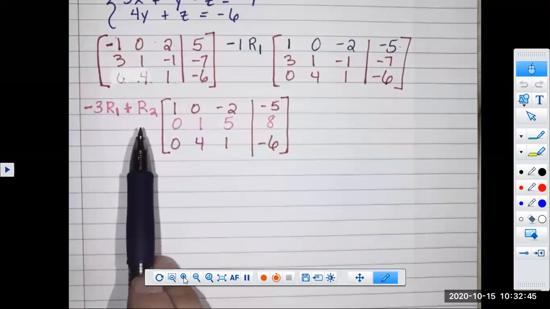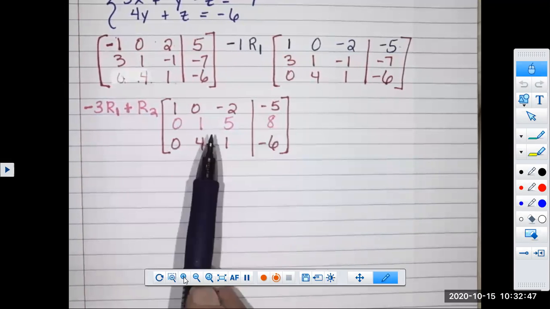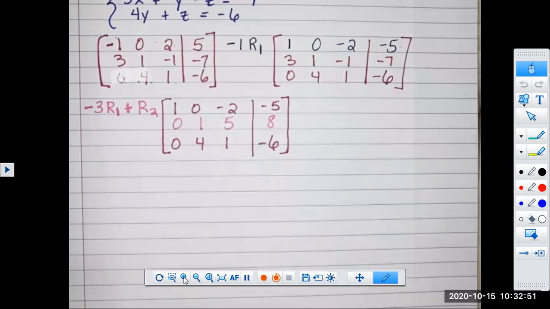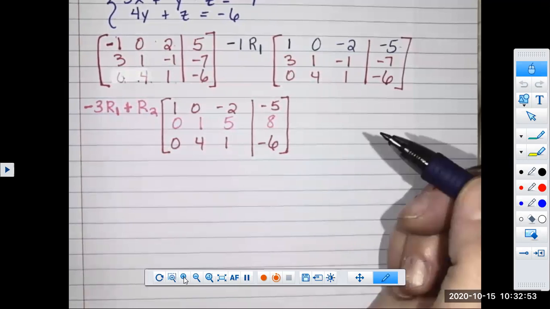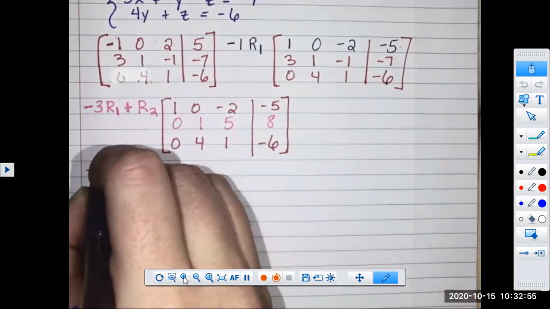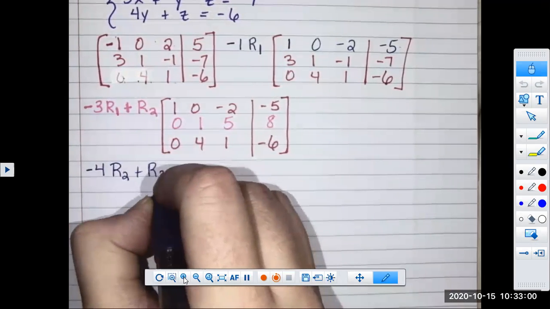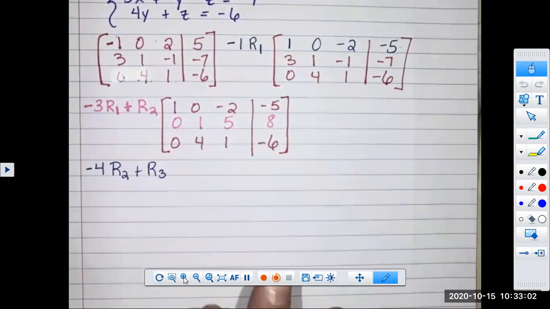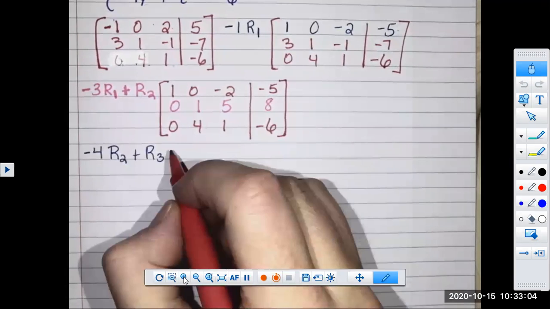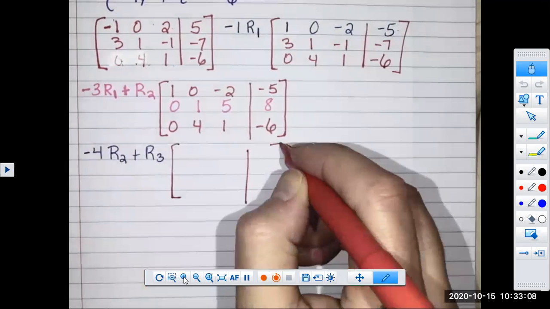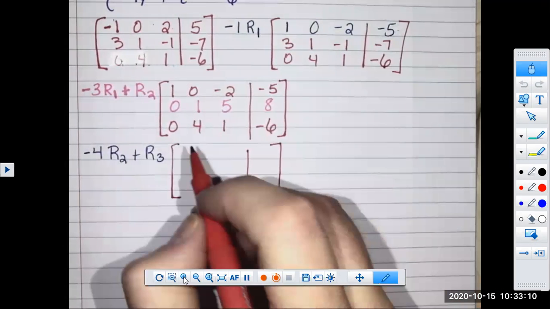So what can I multiply row 2 by and add it to this row to get this 0? -4. So multiply -4 to row 2, and we're going to add it to row 3. What are the 2 rows that don't change? Good, yeah, top 2.